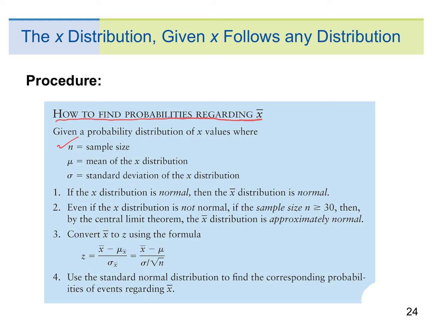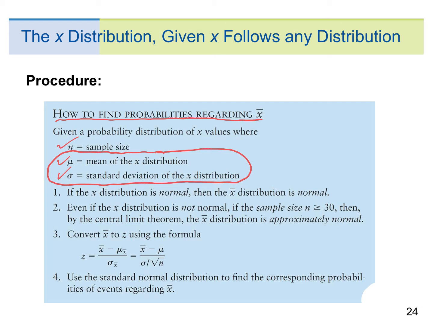You can't get an X bar without a bunch of data. The mean of our distribution and the standard deviation of our distribution, so these two are what was given to you in 7.3.